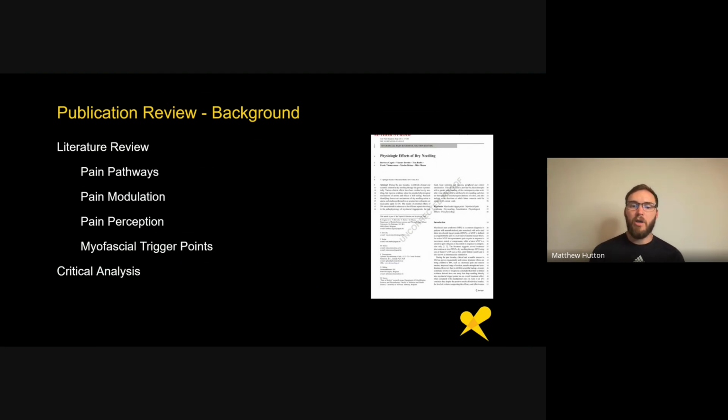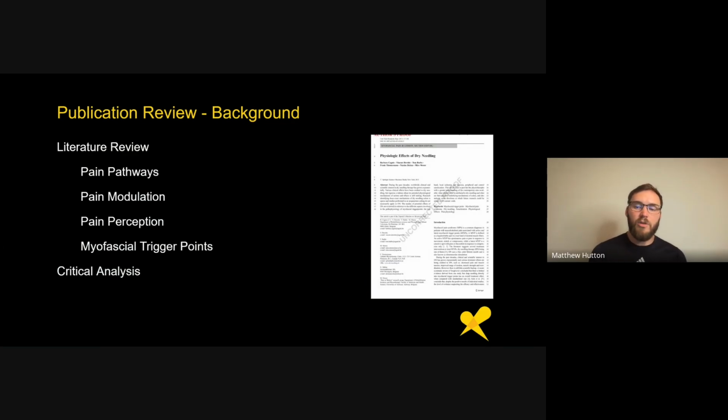So in terms of the application, we need to consider the pathways and the physiology, the pain experience of dry needling as opposed to acupuncture. So this literature review, they break down individually the science, starting with a general overview of pain pathways and how pain is actually experienced.